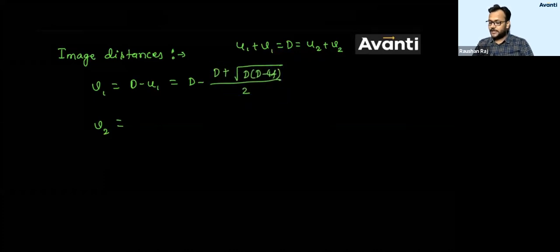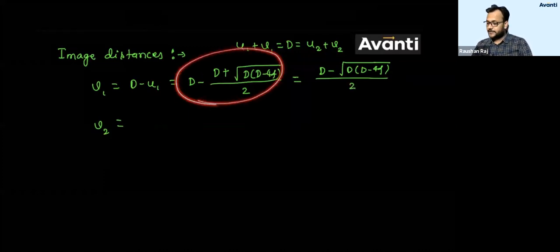Tell me guys, if you calculate this, what will be the answer? Can I say we are going to get something divided by 2? If you solve this part, you are going to get this one.